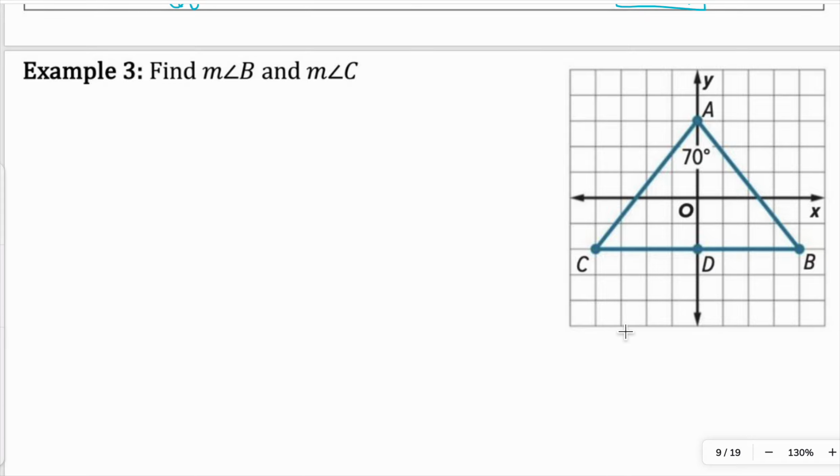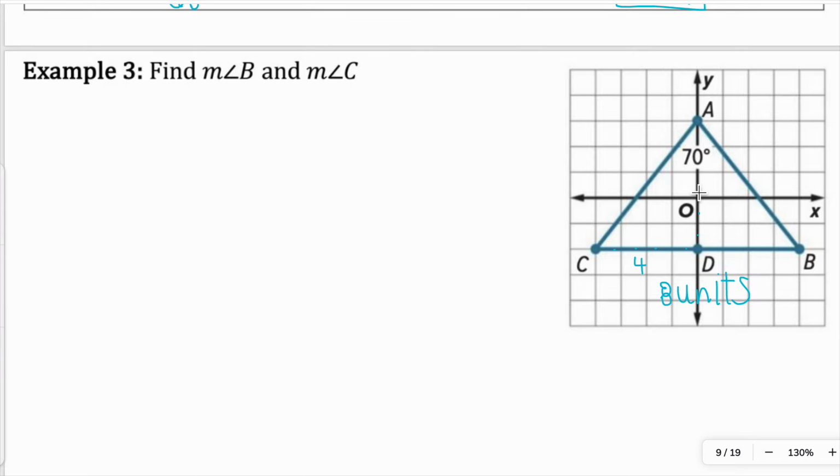So what I did here first is I made sure of what type of triangle I am seeing here. From B to C, that's going to be 8 units long. And then to get from A to C, I'm thinking about a right triangle. So this is 1, 2, 3, 4.